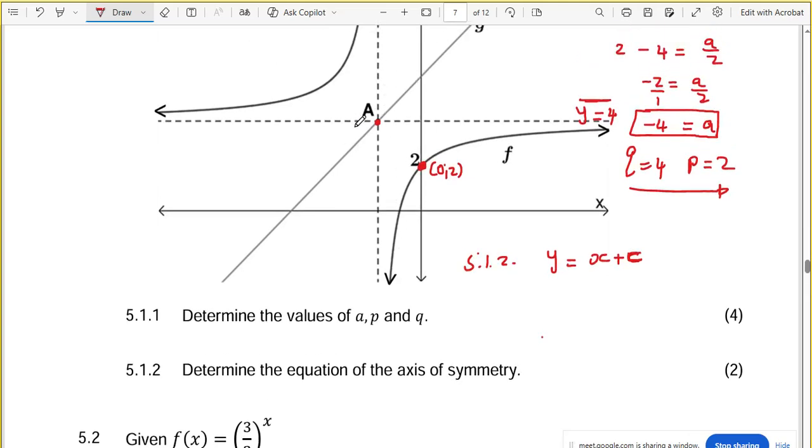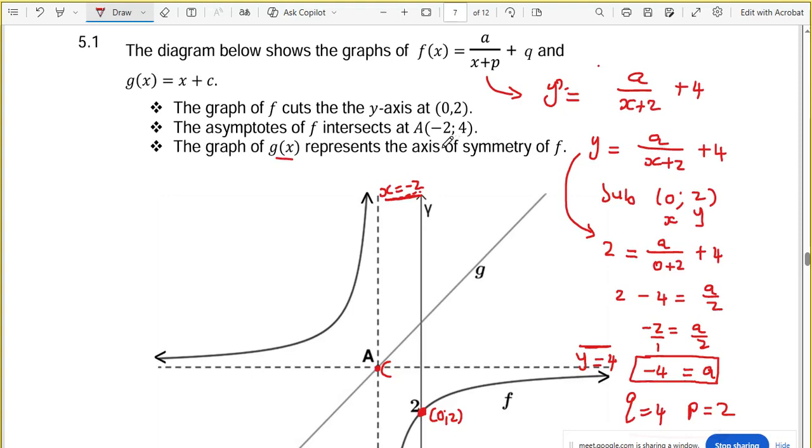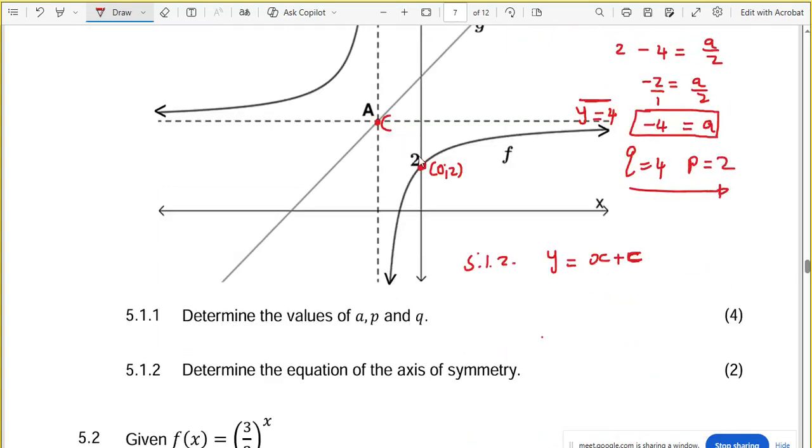You just have to substitute your asymptotes. Remember, the point given as the intersection is (-2, 4). Listen, this is your x, this is your y, right?